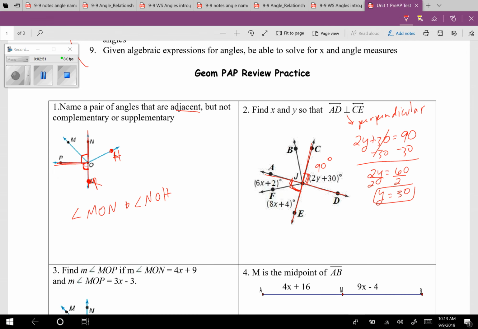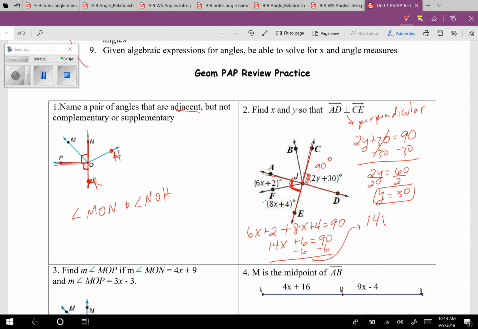Now over here for the x's, you see we have this large angle is 90, but it's made up of these 2 smaller angles. So 6x plus 2 plus this 8x plus 4, those have to be 90 together. So just combine like terms. So you get 14x plus 6 is 90. Take away 6 from both sides.